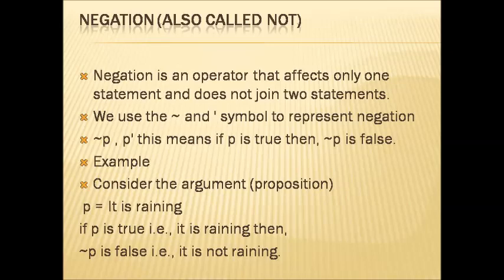P bar, P slash, these are some different notations we use to represent the negation. Suppose P is it is raining. So negation of P means it is not raining. Suppose if P is true, then the negation of P will be false.